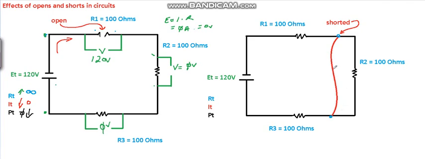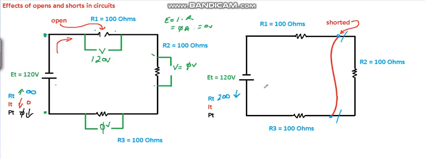This piece of wire shows no resistance. This other one has 100 ohms of resistance, and current will always follow the path of least resistance. So it's like this doesn't even exist from there to there, in which case I would drop from 300 ohms down to 200 ohms. So I'd have a decrease in resistance.